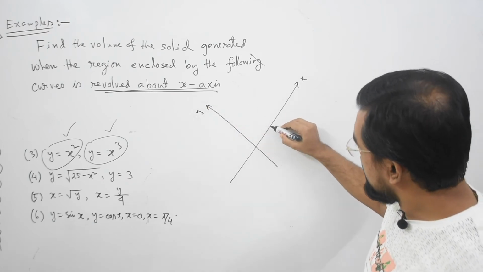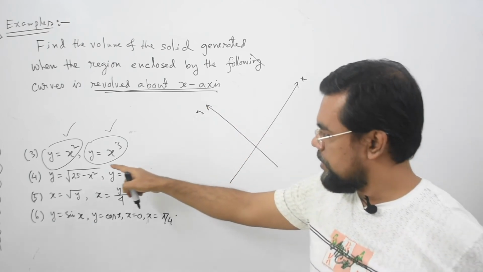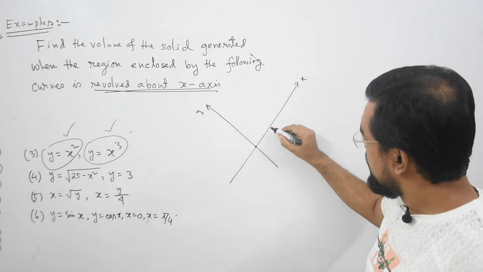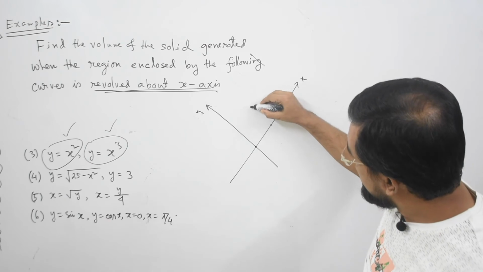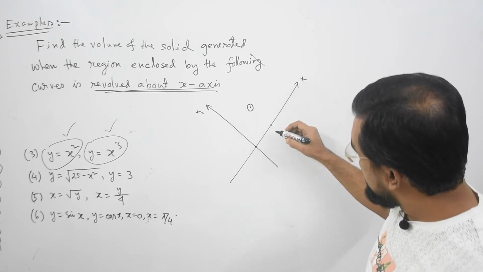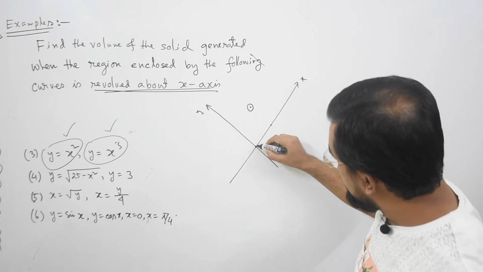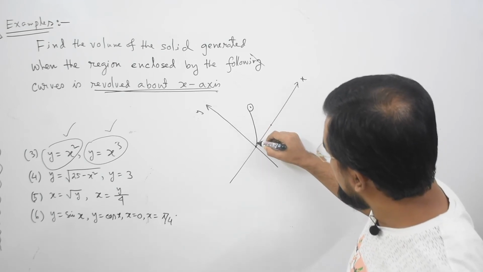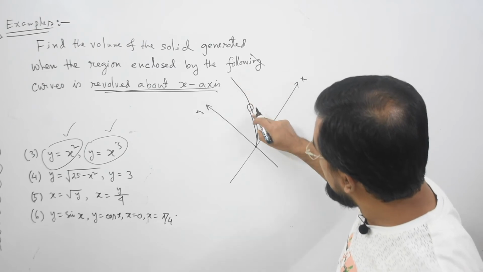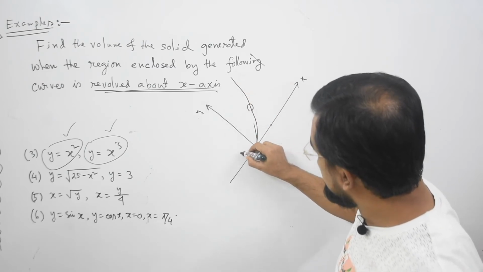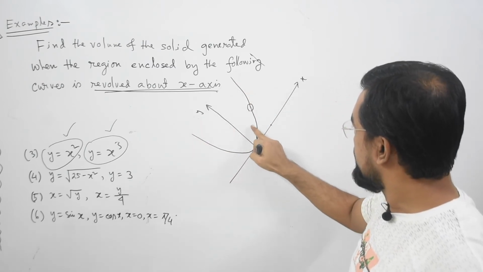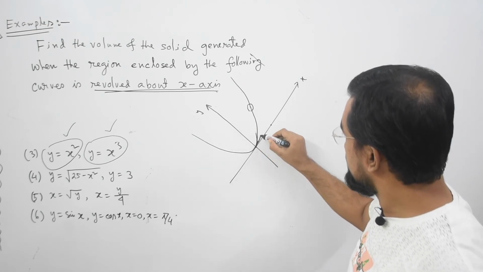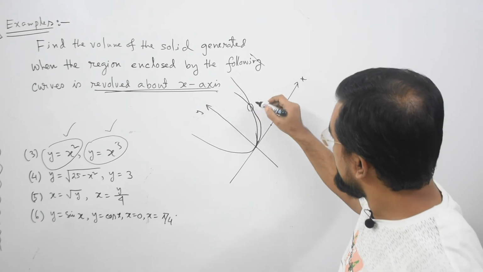Here you need to note that the two of them intersect each other at (0, 0) and (1, 1). y equal to x square is a parabola which is open up, something like this, and y equal to x cube will be something like this.